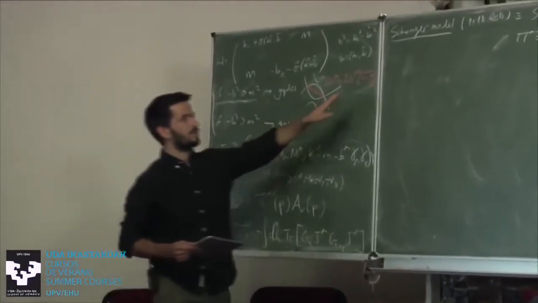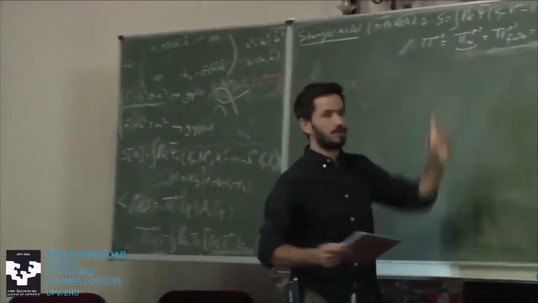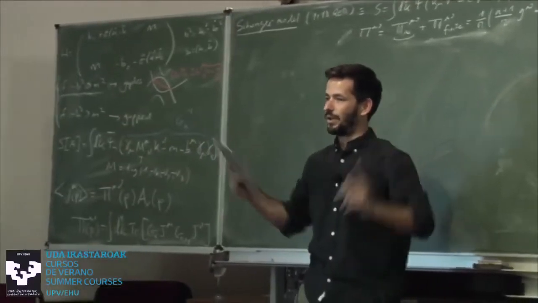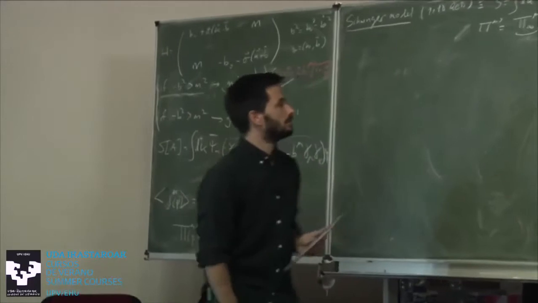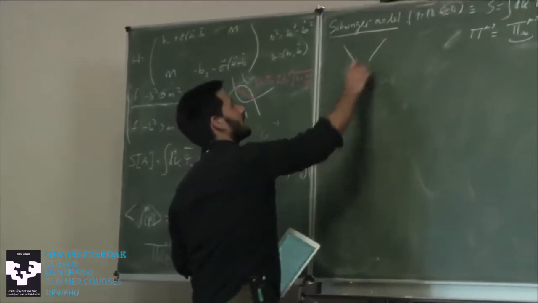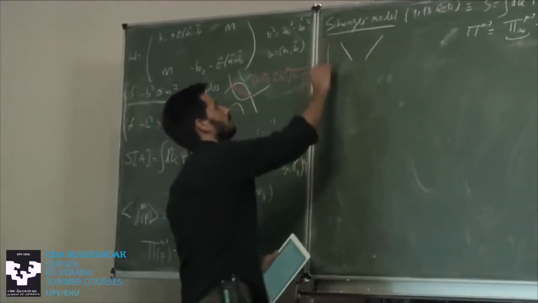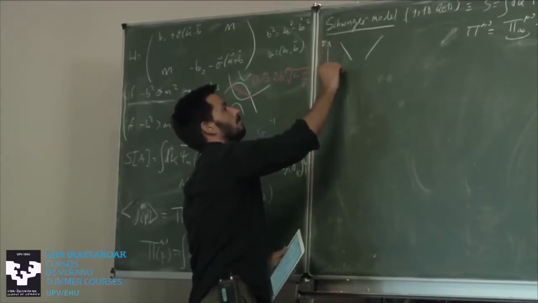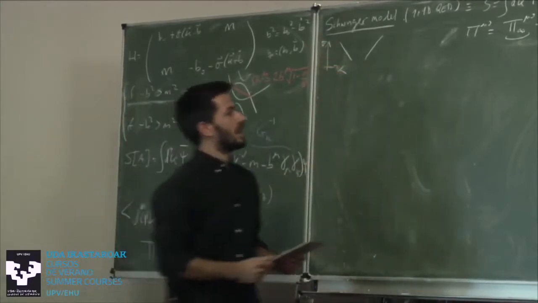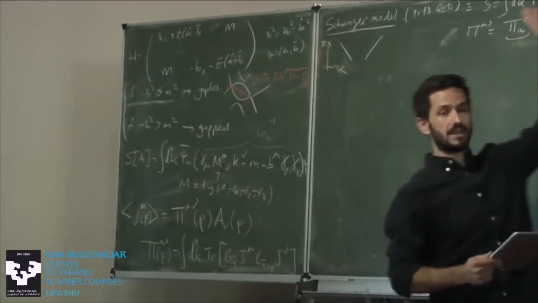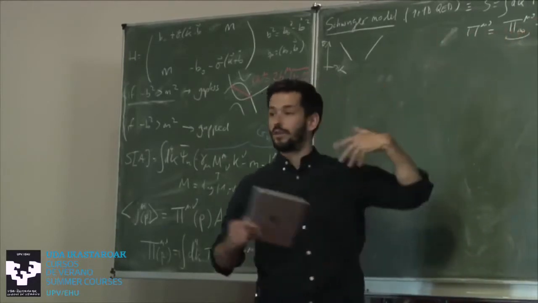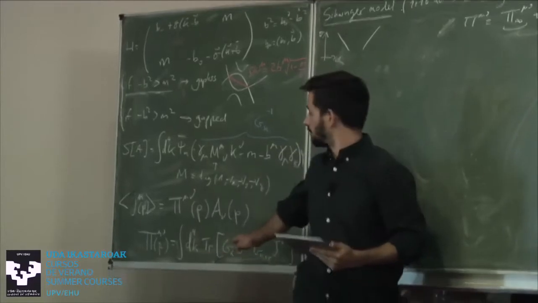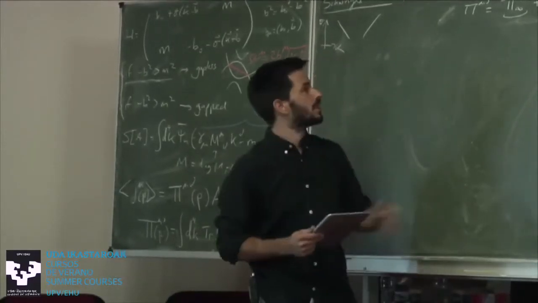So we calculated that for the Schwinger model, but you just have to think of it as two chiral fermions in one dimension. And we saw that when we calculated this polarization function, it was logarithmically divergent, just by power counting in this other equation here.